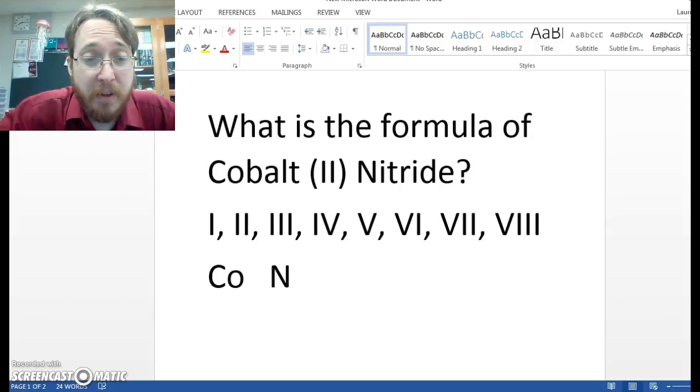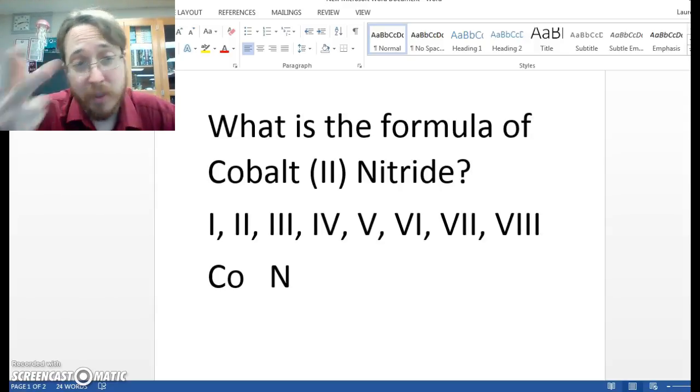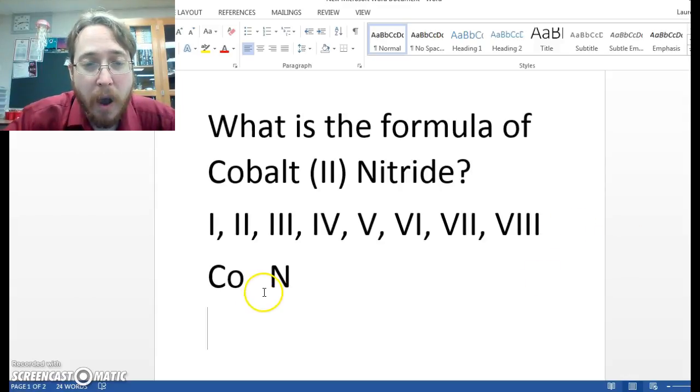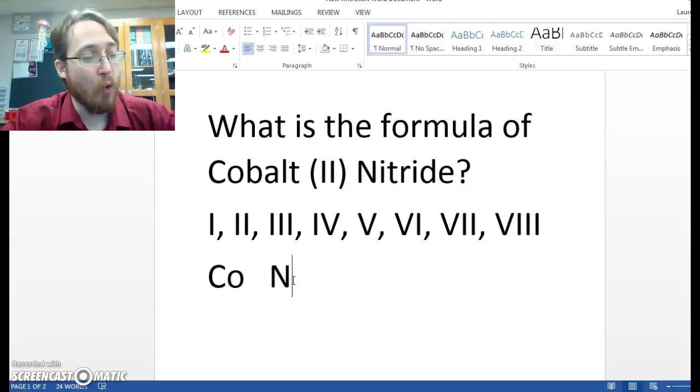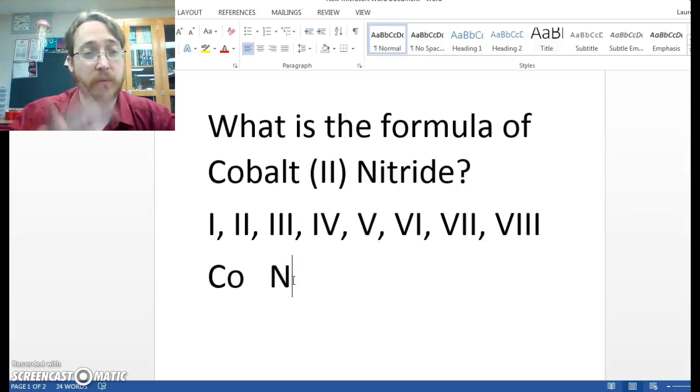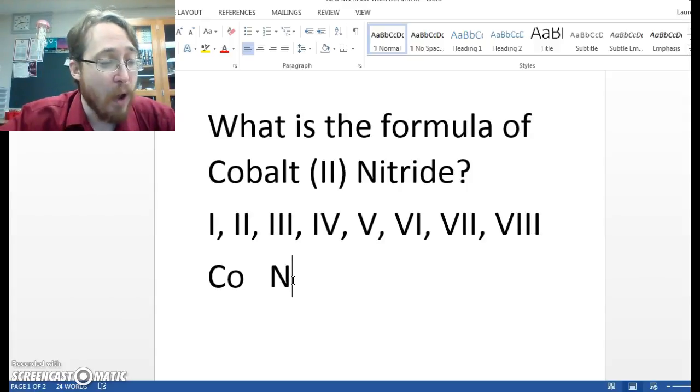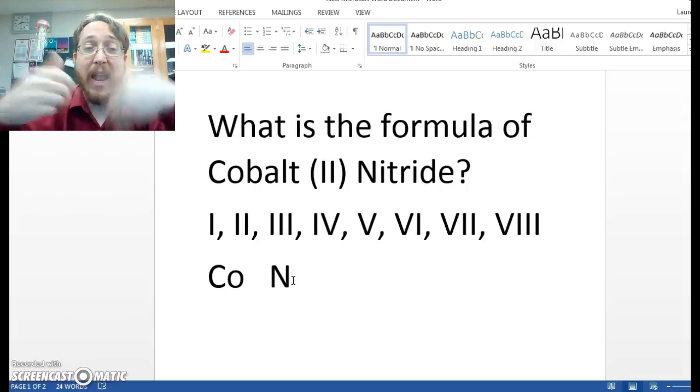Well, we've got our symbols. Now we need our charges. When we're writing formulas, we find the symbols and then we find the charges. Nitrogen we can look up on the periodic table. Nitrogen has 1, 2, 3, 4, 5 valence electrons. We know that it is a nonmetal with a high electronegativity. That means it is going to gain electrons.